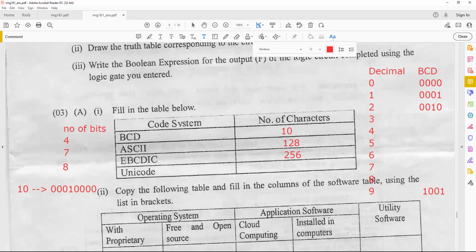Okay, finally, Unicode. How many characters? How many bits first?